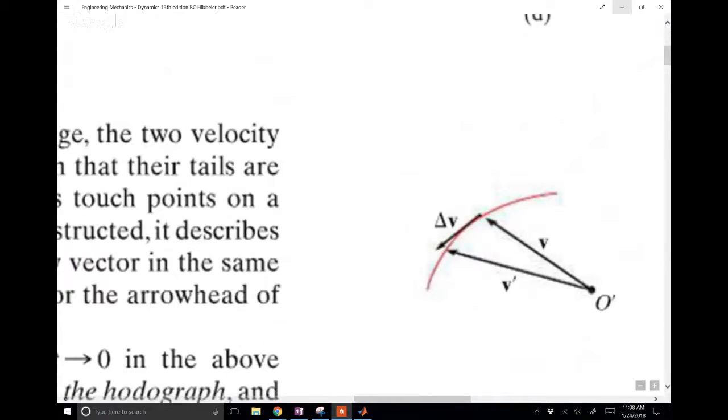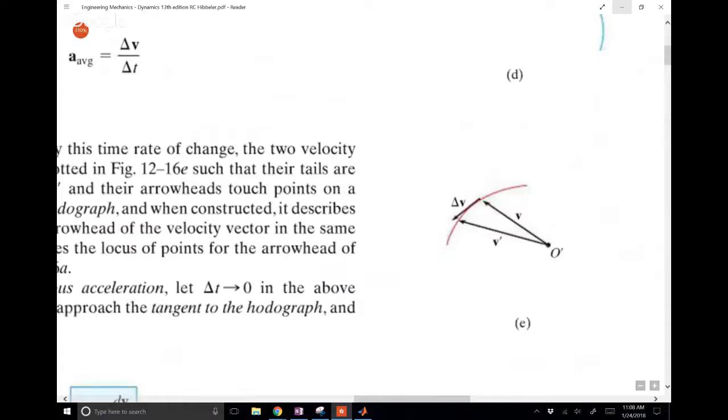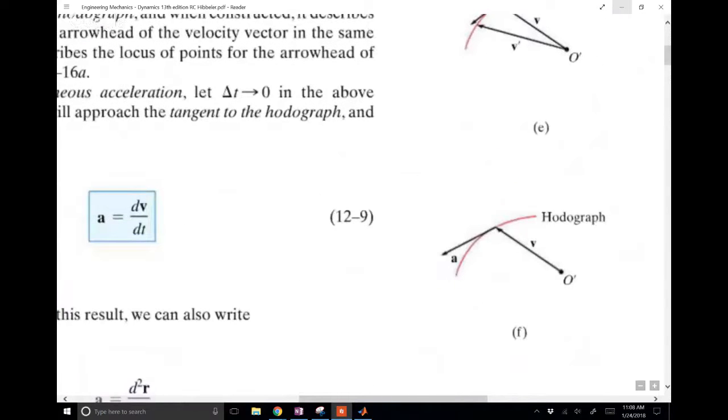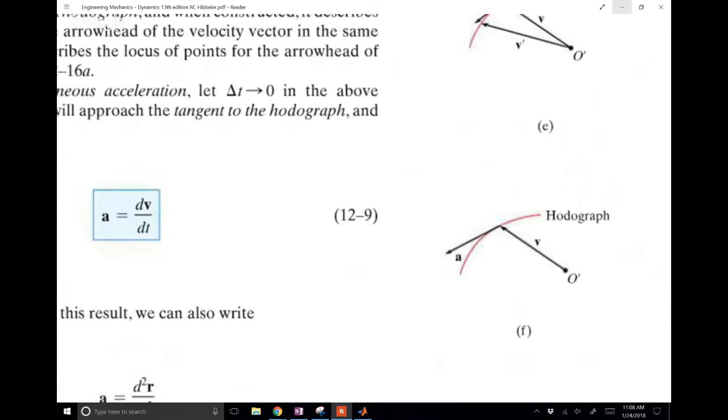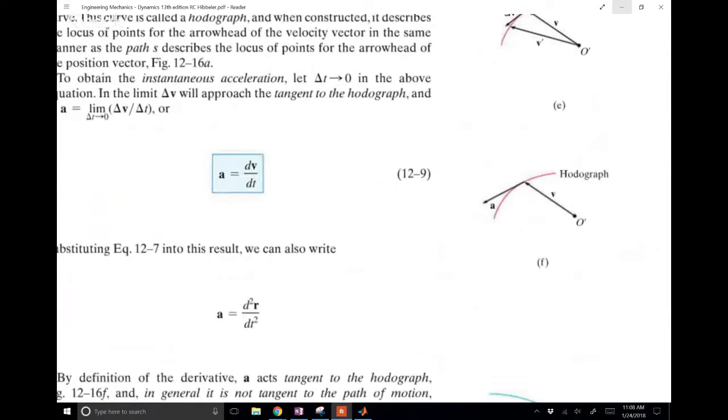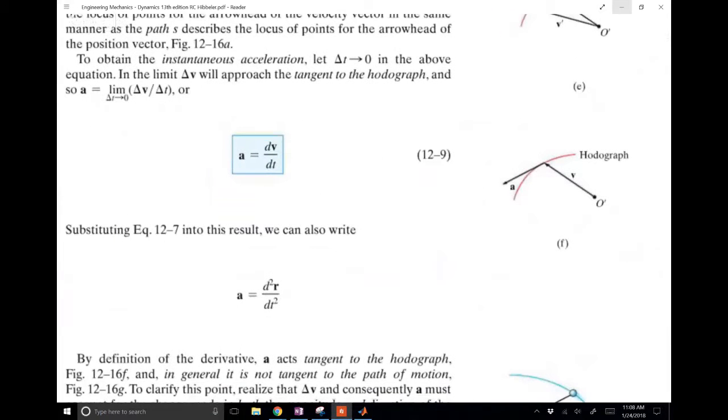He does that better than I did. Maybe that's in the next section, where he has two vectors, lines them up tail to tail, and shows that it points back.